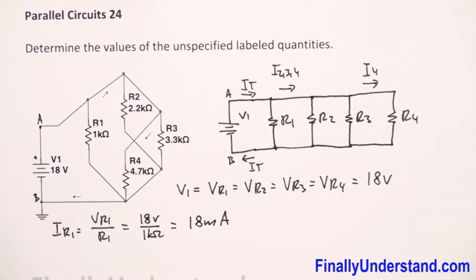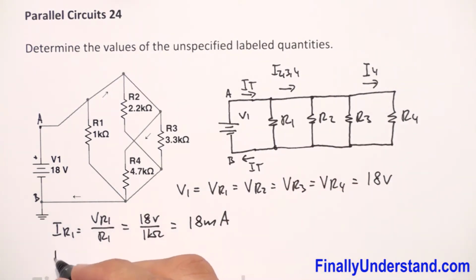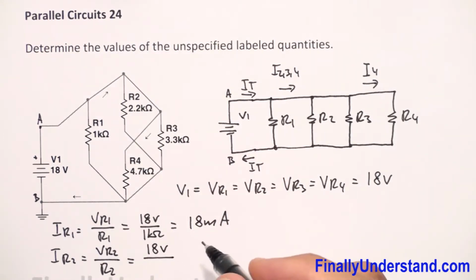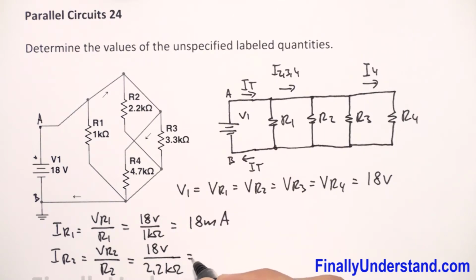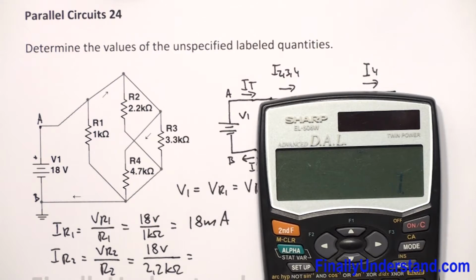Next, I'm supposed to find the current which goes through resistor R2. I2 is equal to VR2 over R2, which is equal to 18 volts over R2, which is equal to 2.2 kilo ohms. This is equal to 18 divided by 2.2 exponent 3.